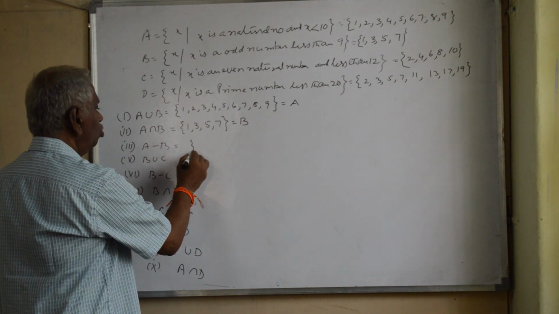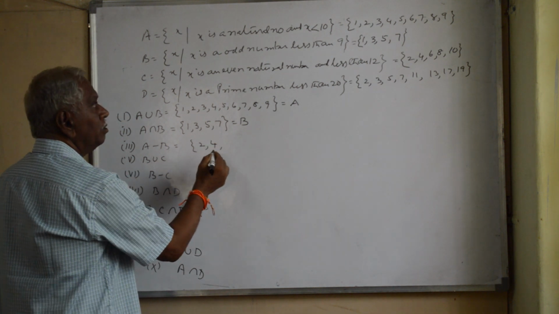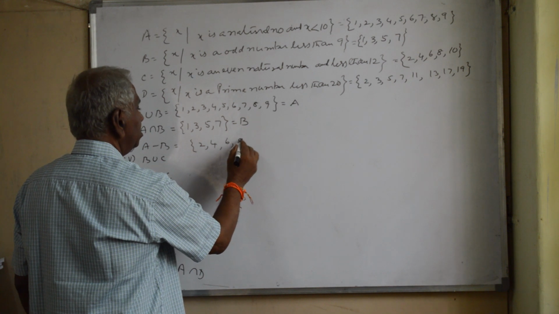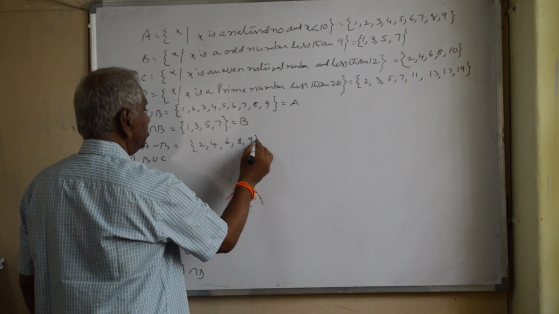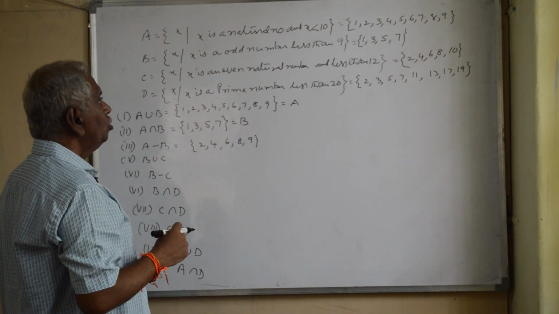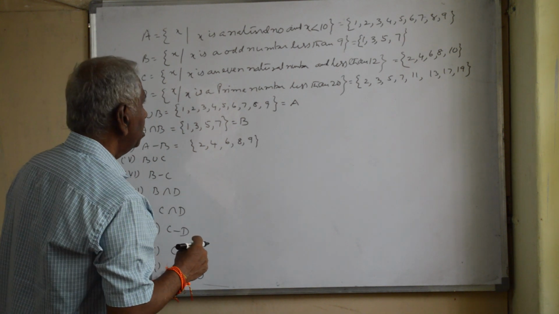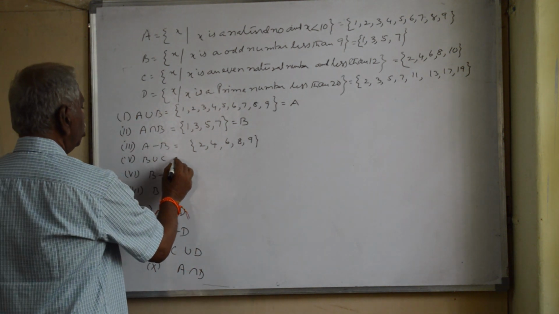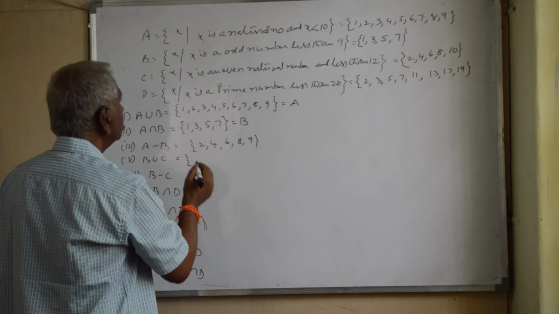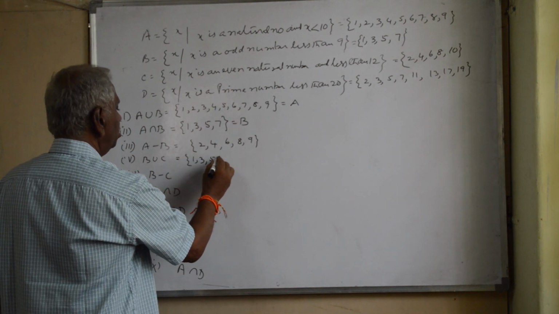It is 2, 4, 6, 8, 9. And B union C. B is 1, 3, 5, 7.